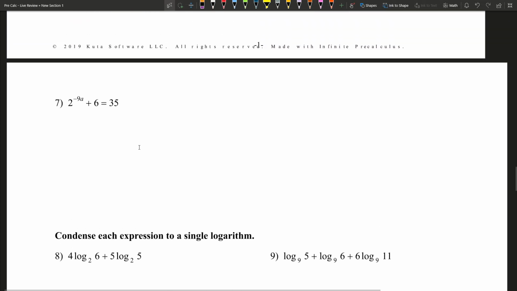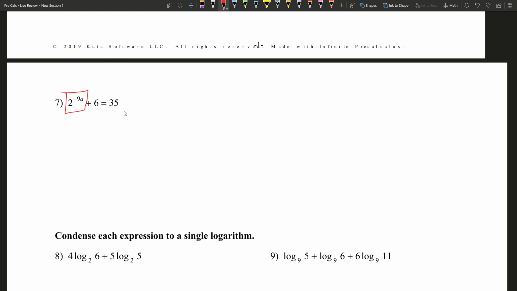So number 7 is really just one step harder than the last two that we just did. I always think of these problems as this box plus 6 is equal to 35.